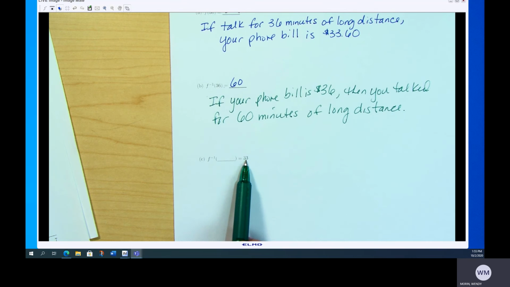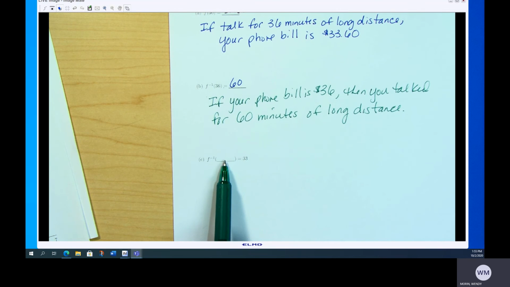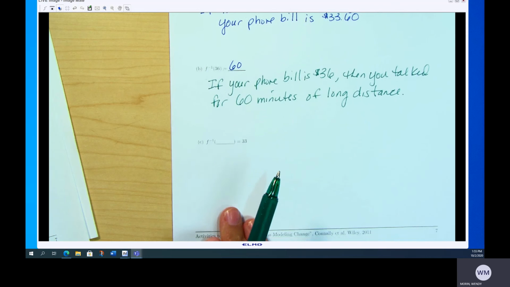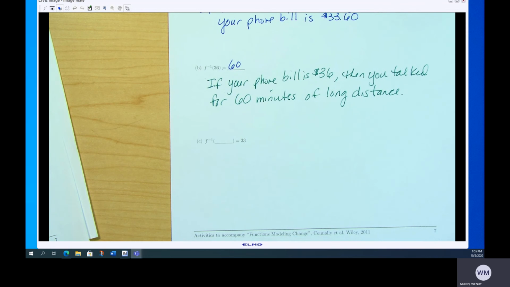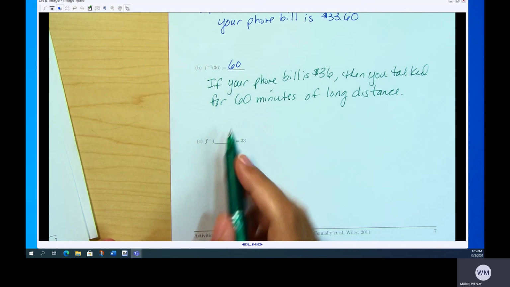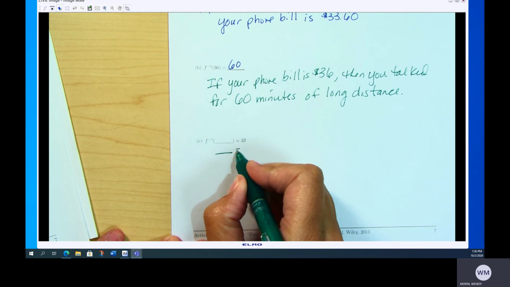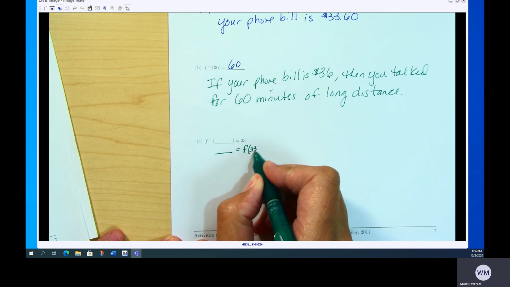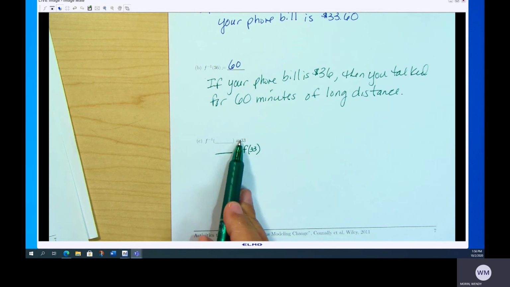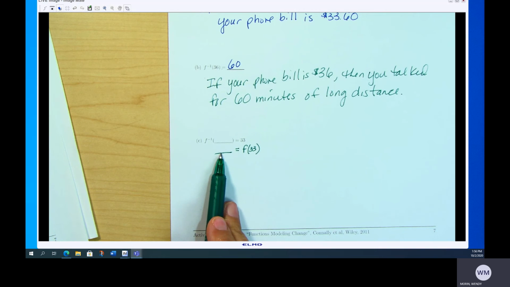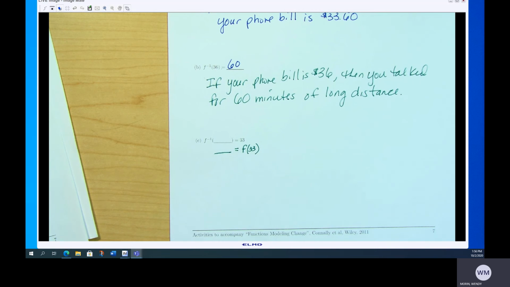If this is given here, what goes here? I'm going to give you a hint. Another way of looking at this inverse is blank of f of 33. This means what does f of 33 equal?